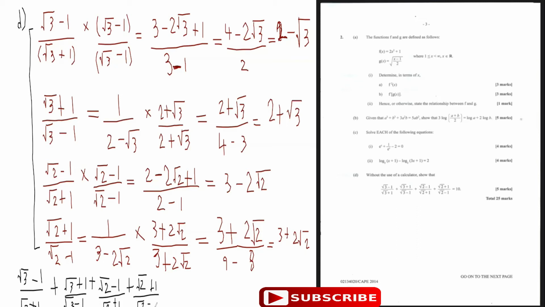all of this is going to be equal to 2 minus root 3. So let's bracket them.